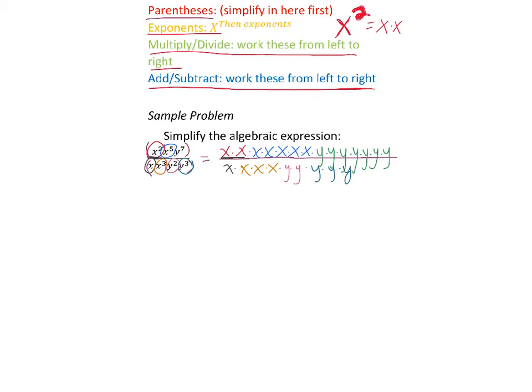Now we can go ahead and rewrite this so that we've simplified the numerator, and then so that we've simplified the denominator, right? Because we're working within these parentheses right here. So let's first do the numerator, these parentheses up here. So this right here, x multiplied to itself 1, 2, 3, 4, 5, 6, 7 times.